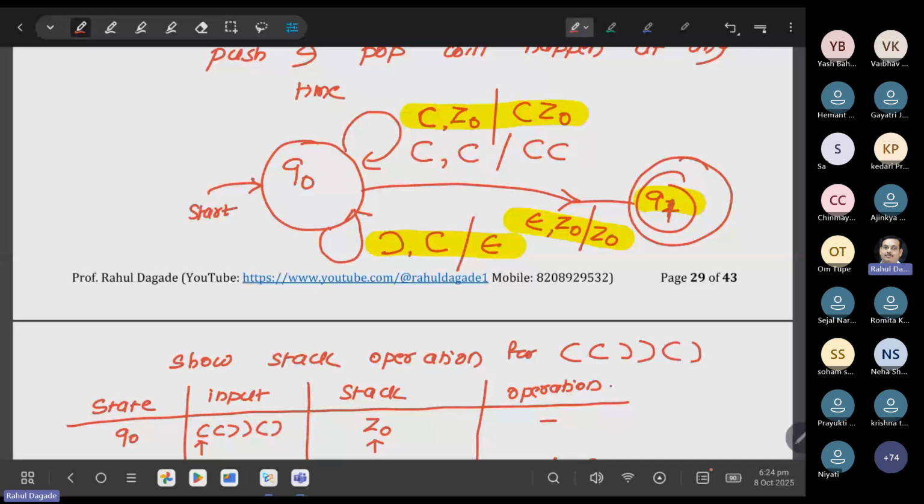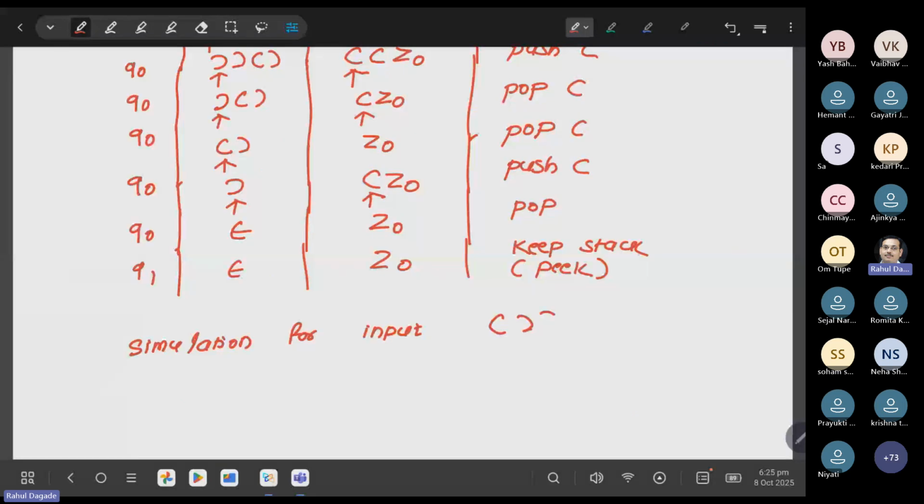Let's say a simulation for an input which is not part of the well formed parentheses. So now let us take this. This is not well formed parentheses, so our PDA should reject it, or not accept it.